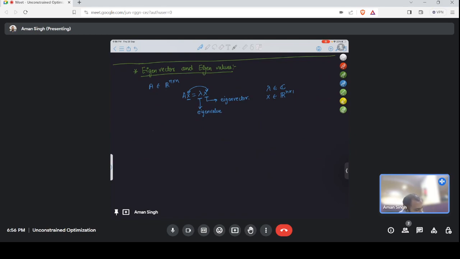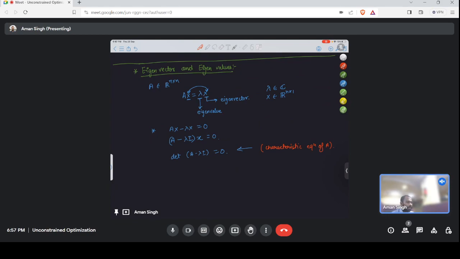How do we find these eigenvalues and eigenvectors? We bring A x minus lambda x to the left hand side, equal to 0. For this to have a non-trivial solution, the determinant of A minus lambda I has to be 0. This is called the characteristic equation of A. You'll get a polynomial equation, and the roots of that equation are the eigenvalues.